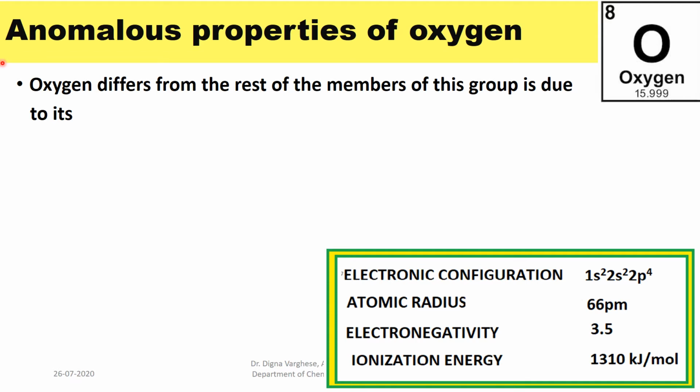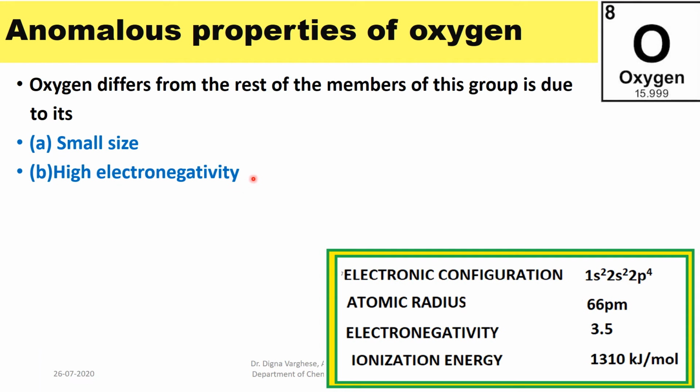Anomalous properties of oxygen. Oxygen differs from the rest of the members of this group, that is sulfur, selenium, tellurium, polonium and livermorium, due to its small size. We know the atomic radius of oxygen is 66 picometer.